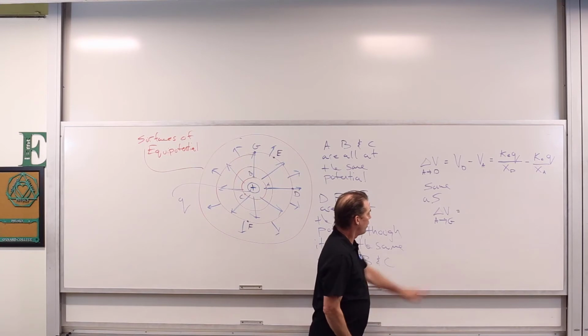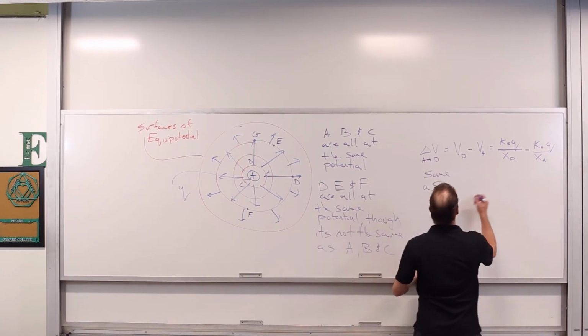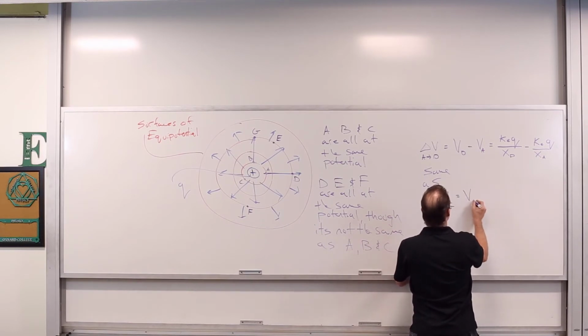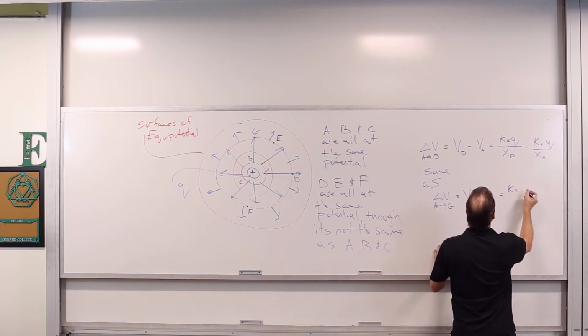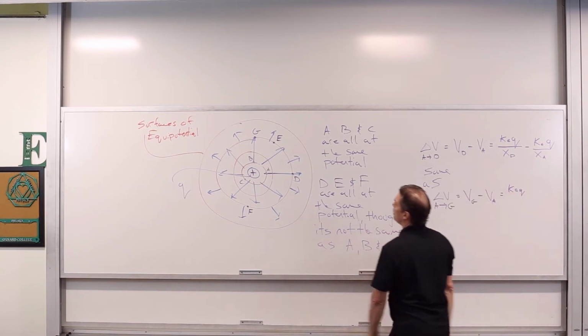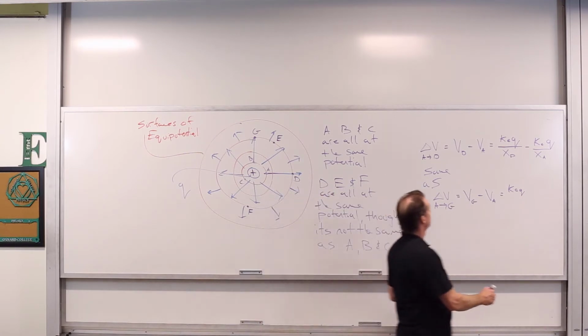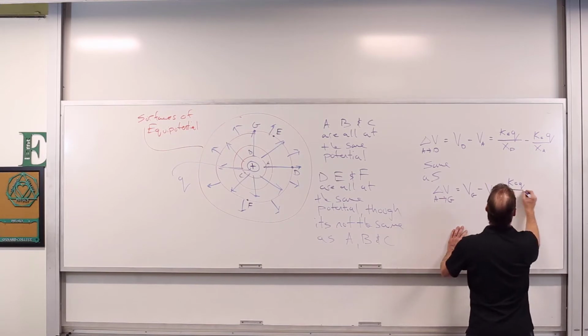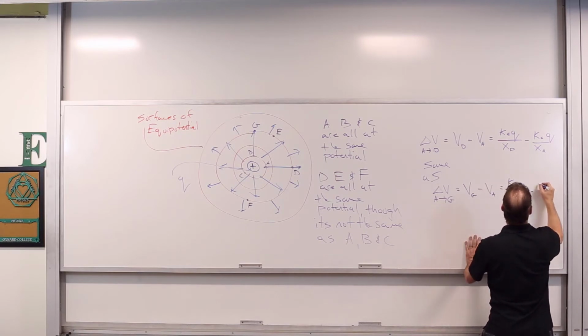Well, because the potential at point G is the same as the potential at point D. So we would have V sub G minus V sub A is equal to K sub E Q over y sub G minus K sub E Q over X sub A.